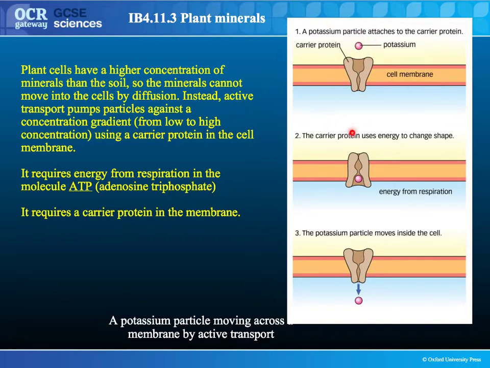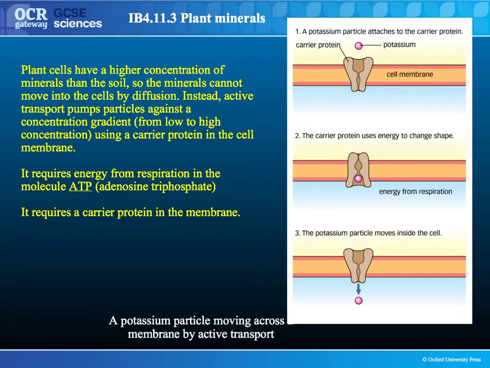So there's going to be lots of potassium in here and not as many out here. However, they cannot move by diffusion because that's against the concentration gradient, and that's not how diffusion works. Instead, active transport pumps particles against the concentration gradient, so from a low concentration to a high concentration.